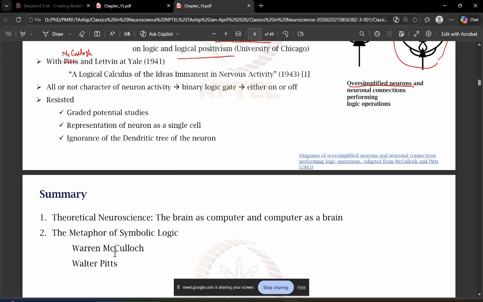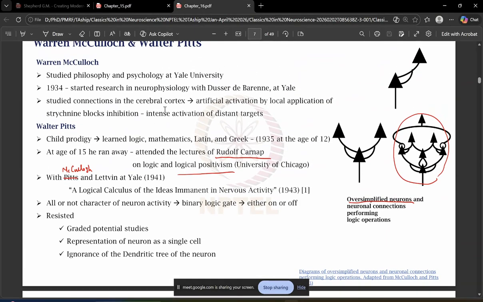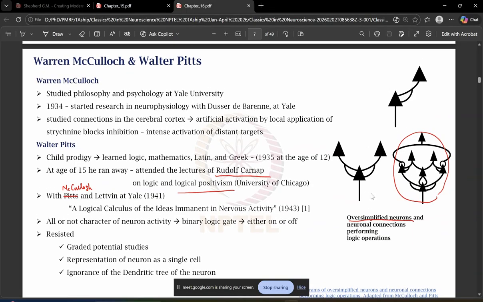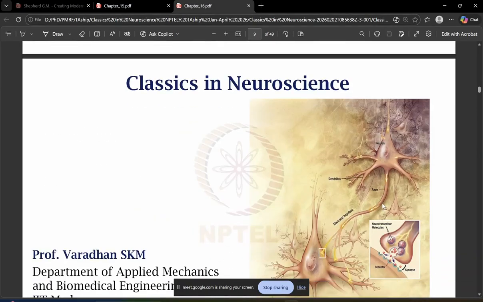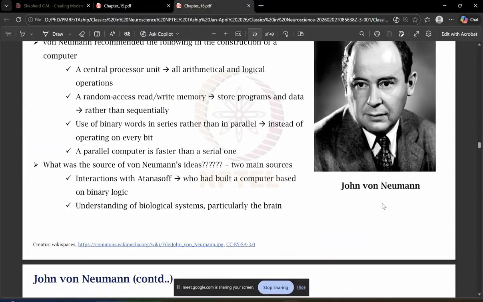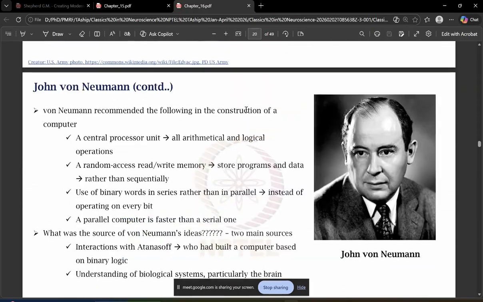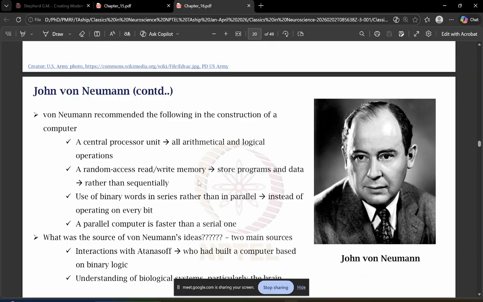They had come up with a very simplified representation of the nervous system: an extremely oversimplified network of neurons and neuronal connections performing logical operations. Von Neumann apparently came in contact with that, and it is possible that he used his understanding of it for the construction of a computer.